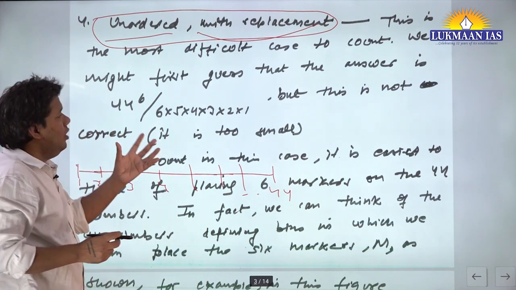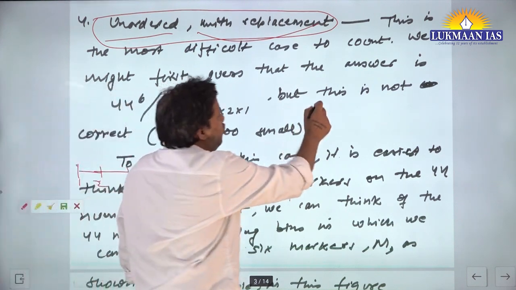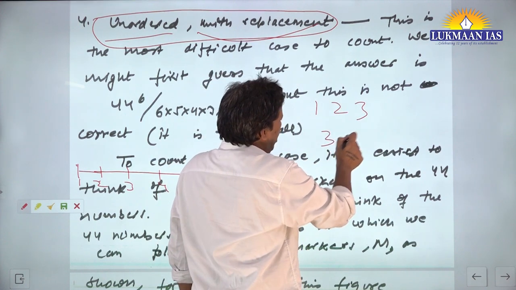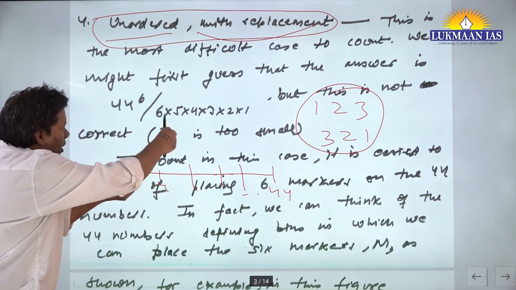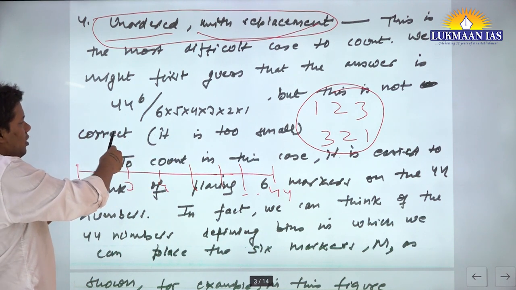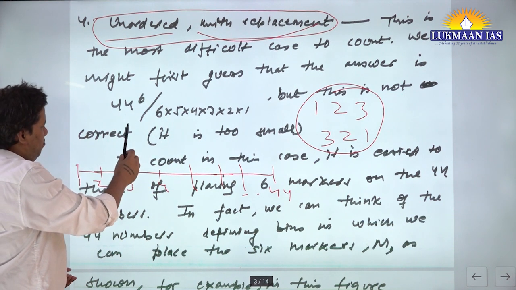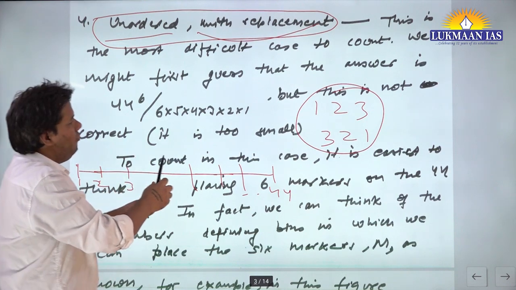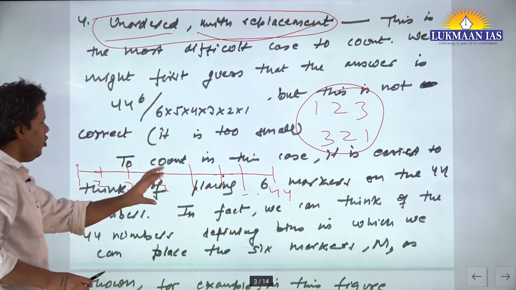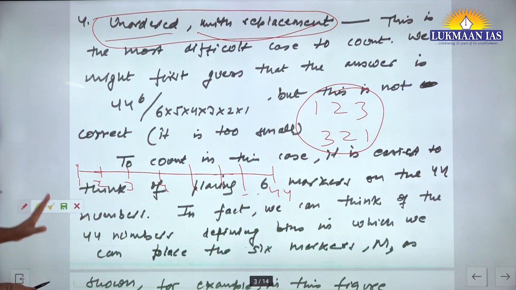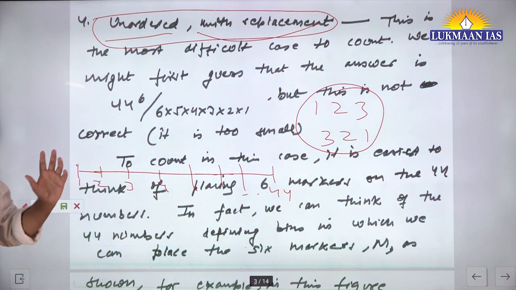Unordered means, let's say, if you select 1, 2, 3 and 3, 2, 1, this is the same. So simply you are putting 6 markers. You are only worried about the placing of 6 markers, you are not worried about the order.